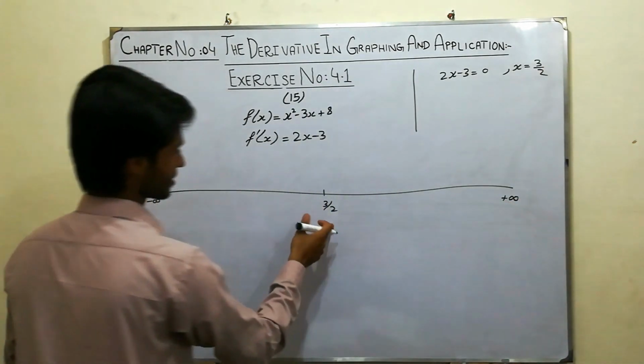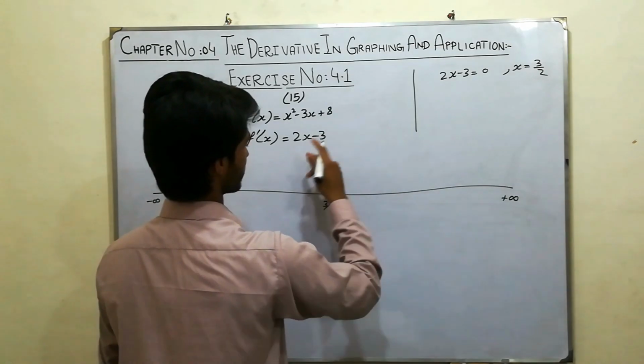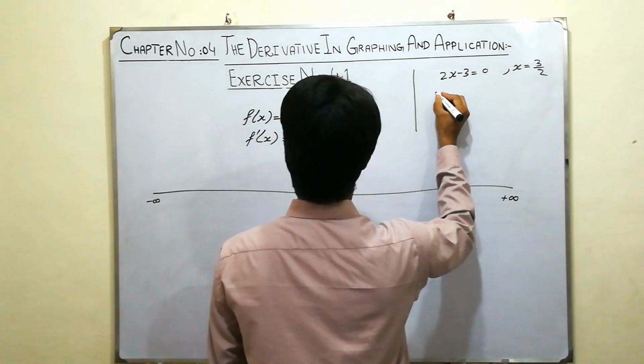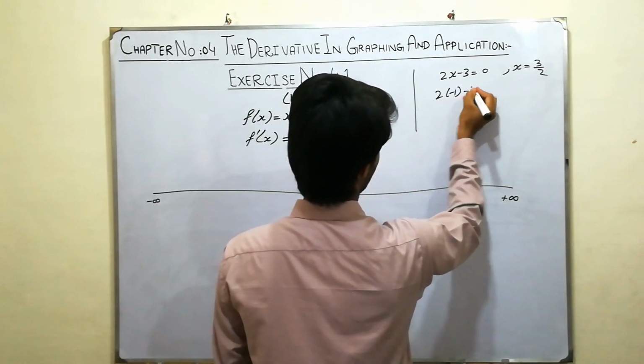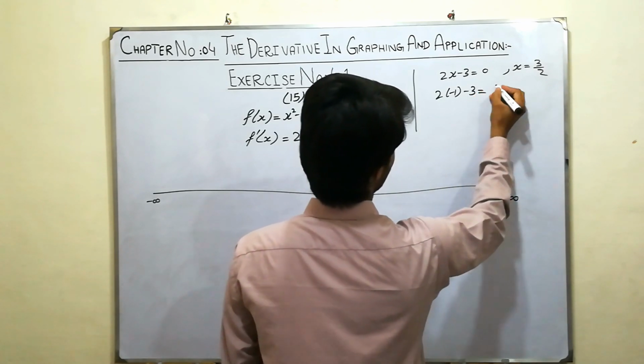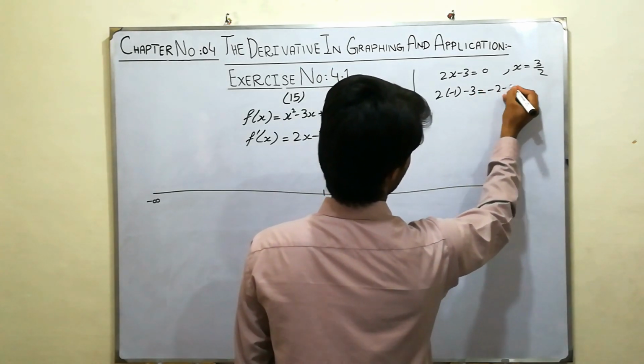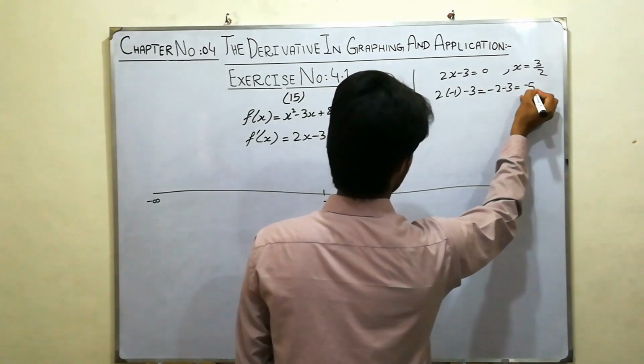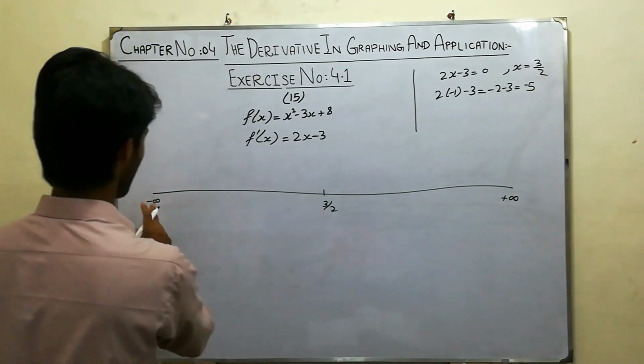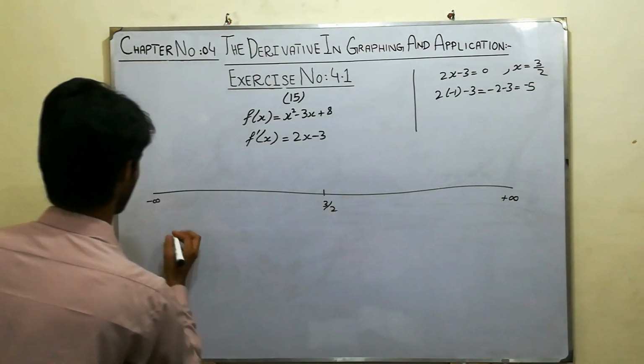Now put a value less than 3 by 2. I can put minus 1 in the function. If we put minus 1, we have a negative value. Which means the function is decreasing from minus infinity to 3 by 2.